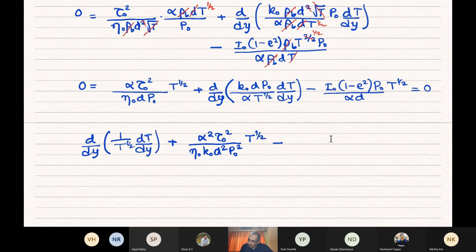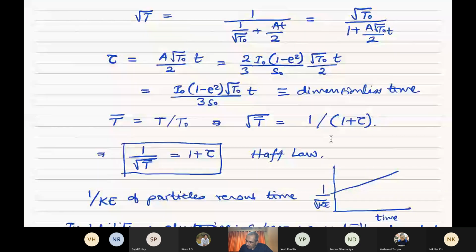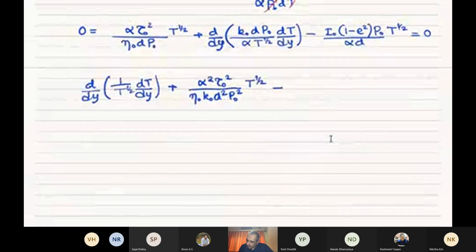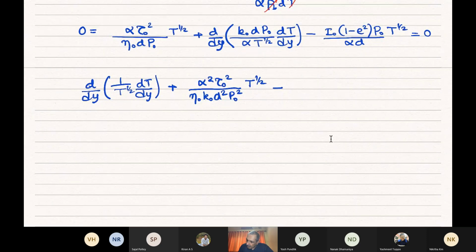And then the last term is, since we are multiplying by alpha, this alpha goes away. And we have I0 1 minus e squared.